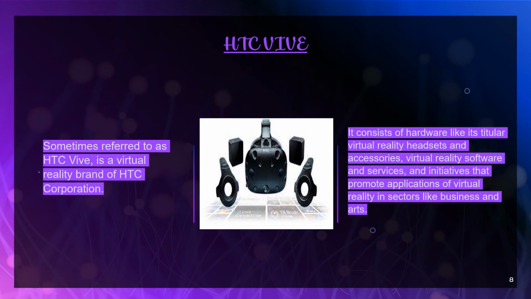Third is the HTC Vive, that is known as Vive. It's a VR brand of HTC Corporation. It consists of hardware like its titular virtual reality headset and accessories, VR software and services, and initiatives that promote applications of VR in sectors like business and arts.